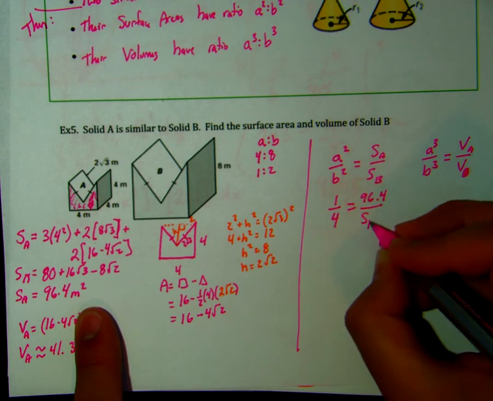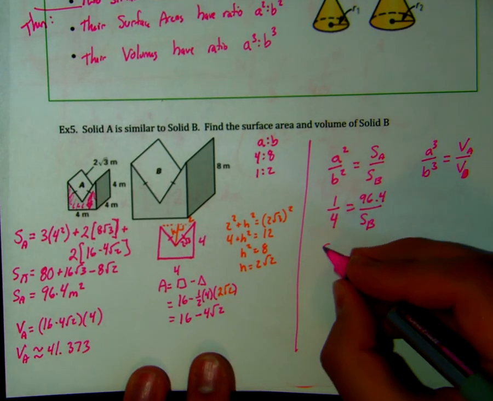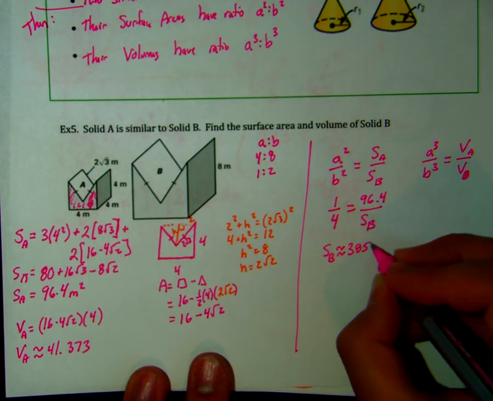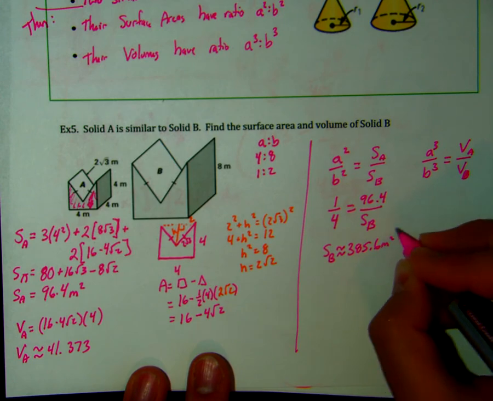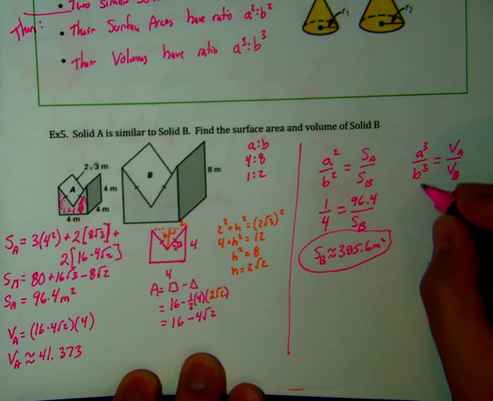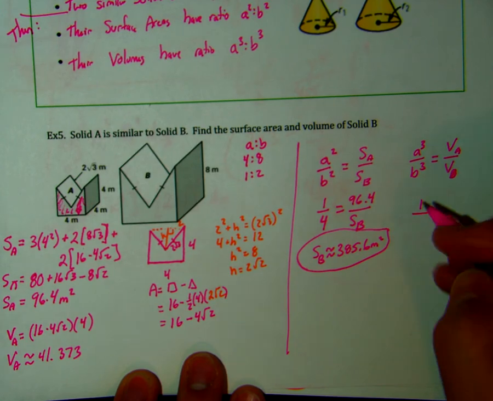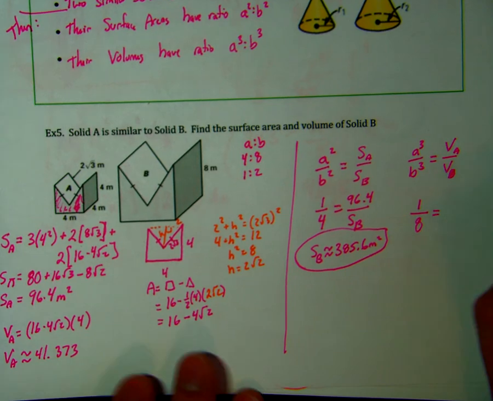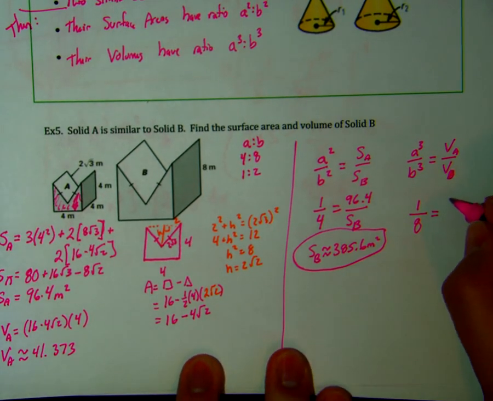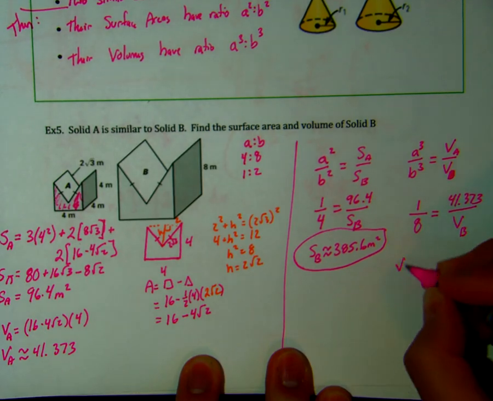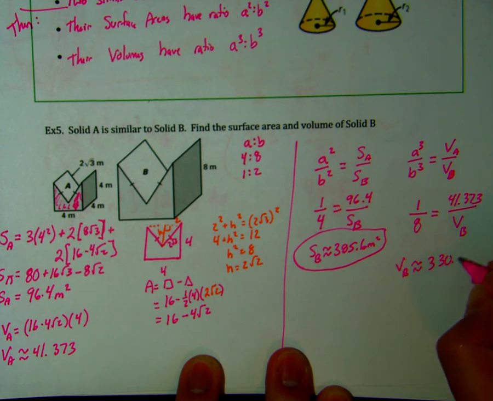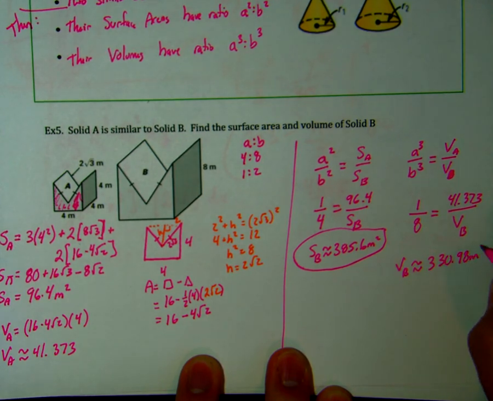This is the surface area of B. So if I do the cross products here, the surface area of B is about 385.6 square meters. And here, 1 cubed is 1. 2 cubed is 8. And so the small volume is 41.373. So the volume of B is about 330.98 meters cubed.